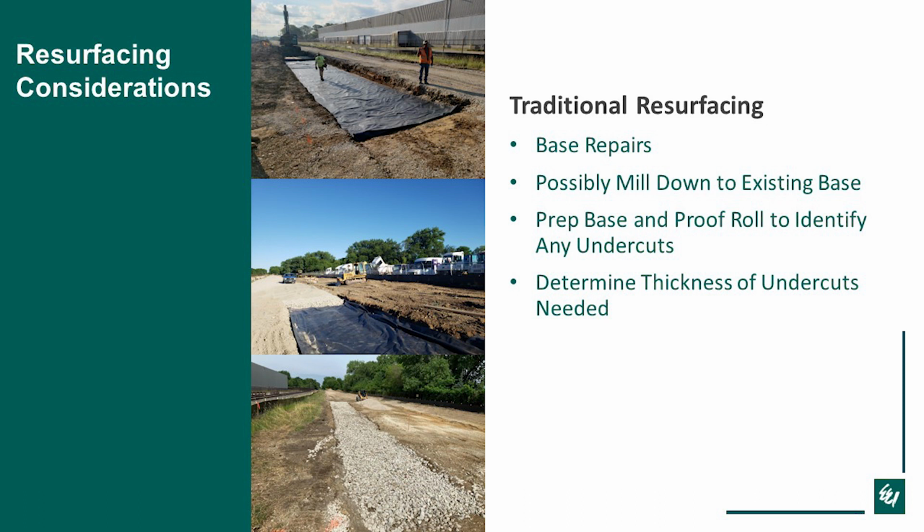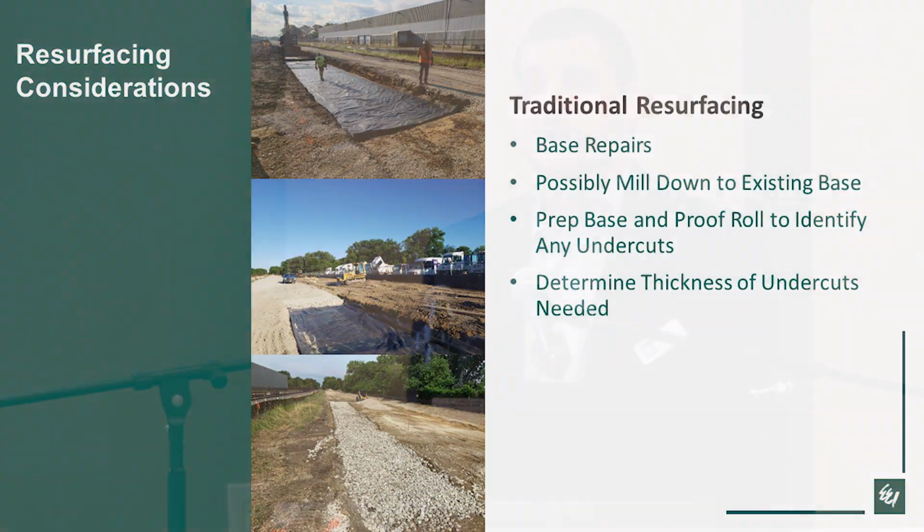Well, maybe you mill off the whole section, mill off some of the stone. You would proof roll, do any base repairs that's needed, and then go over the top based on whatever thickness you want to put back. A lot of times that's a lot more cost effective than doing an entire reconstruction and ripping out all of the existing stone and pavement section.